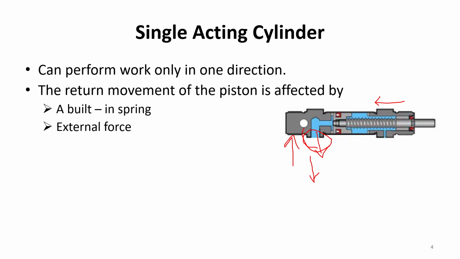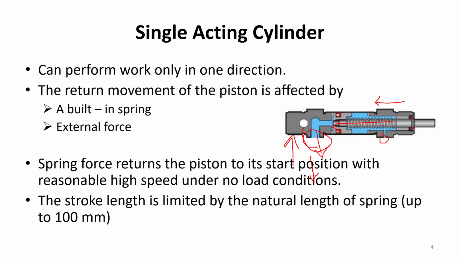Meanwhile, when the piston is retracting, the small hole present in the rod end of the cylinder will also ensure that air is sucked into the cylinder's body. So it is basically the spring force that helps in returning the piston to the home position when the compressed air is not given into the cylinder.